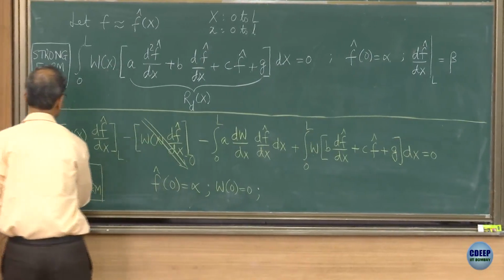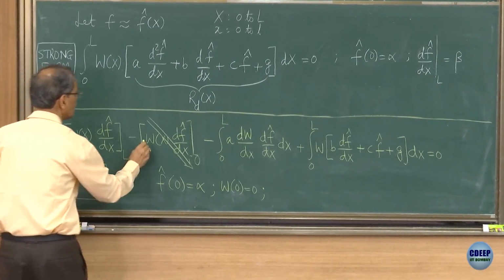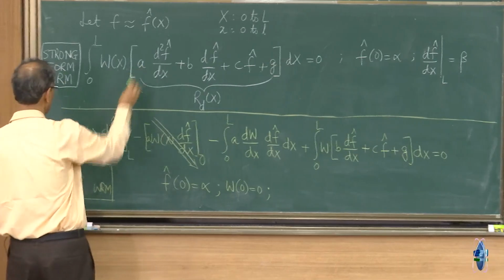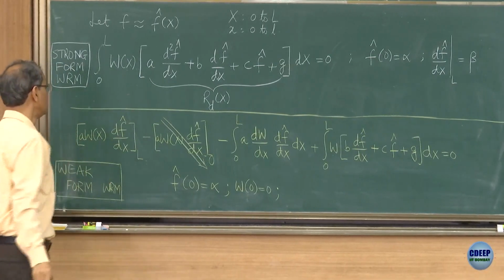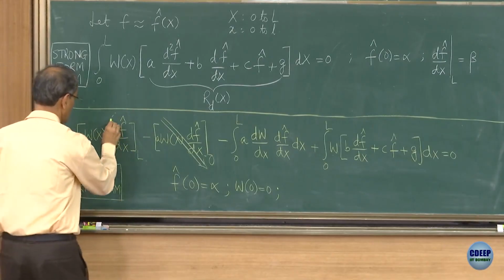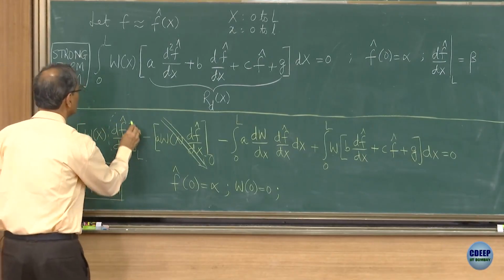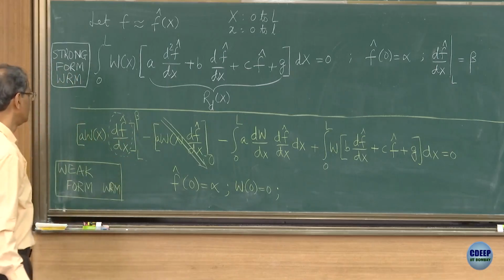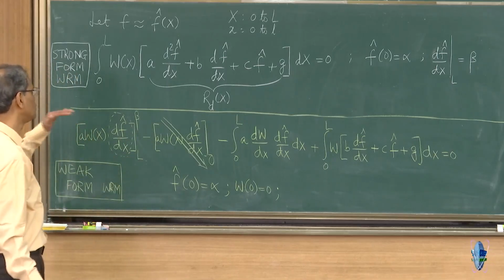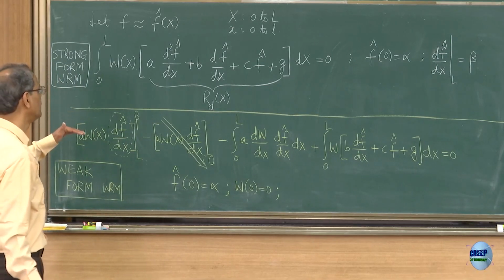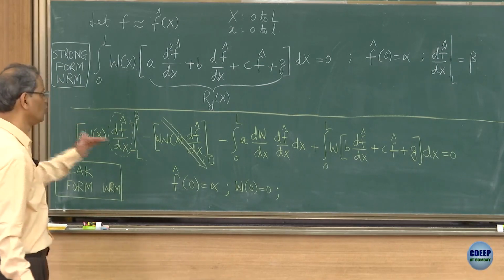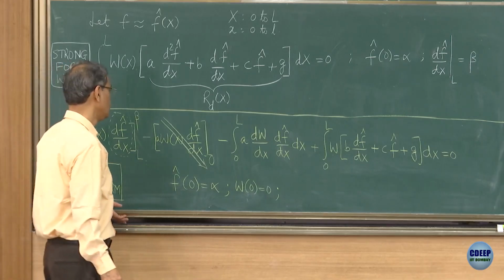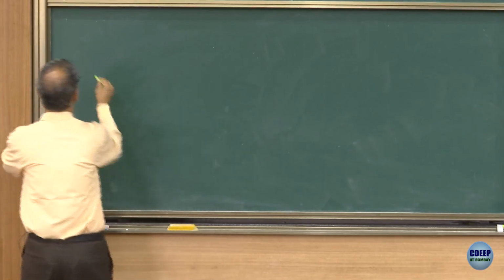Sorry, there is an a missing here, because the first term has a, so we need to carry that a. So this becomes beta, that is what is prescribed. Okay. So keep these points in mind, and then we will continue the derivation or formulation further. Is this clear?